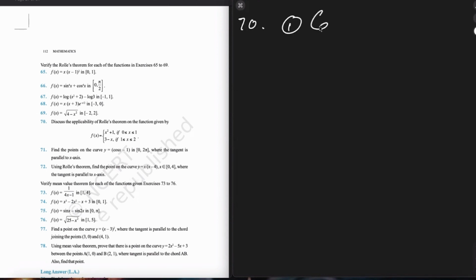Function should be, number one, continuous. Function should be differentiable. So if the function will not satisfy any of these two conditions, then it will not satisfy Rolle's theorem.